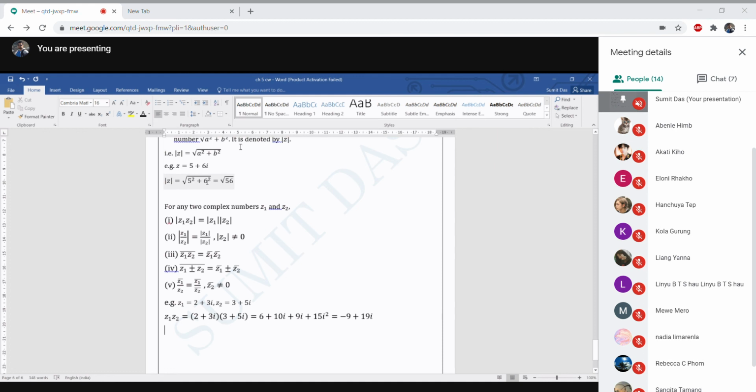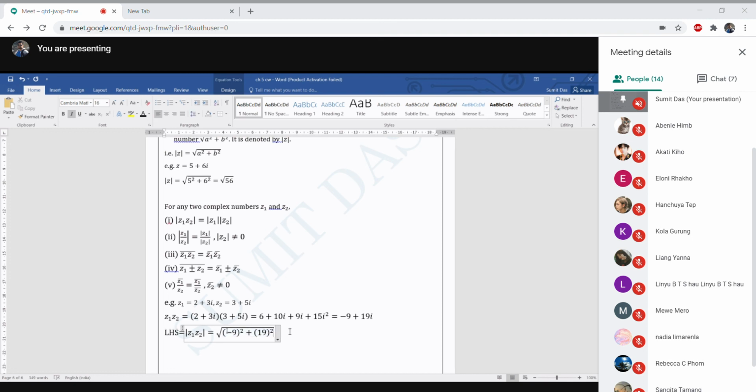Modulus means we have to find the absolute value. So write down the left hand side, modulus of this one is equal to square root of (minus 9) whole square plus (19) whole square.